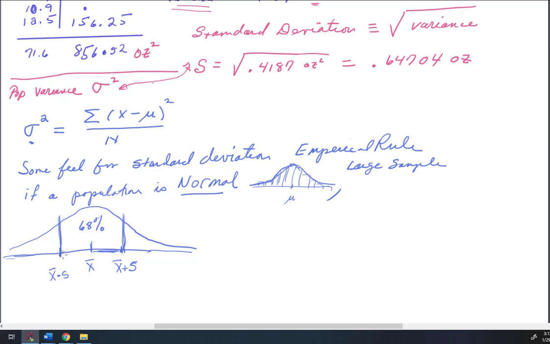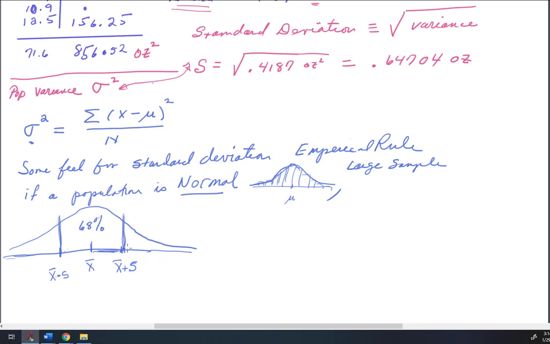If the data is normal, it doesn't matter if it's the weight of newborn babies, the height of adult males, or the length of bunny rabbits hopping around in a big field: between X bar plus S and X bar minus S, I should have about 68% of my data.